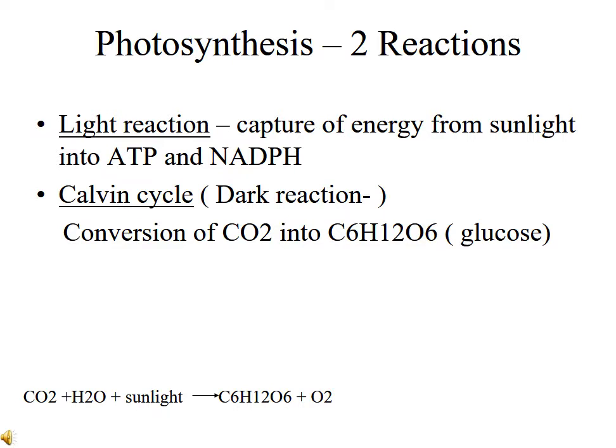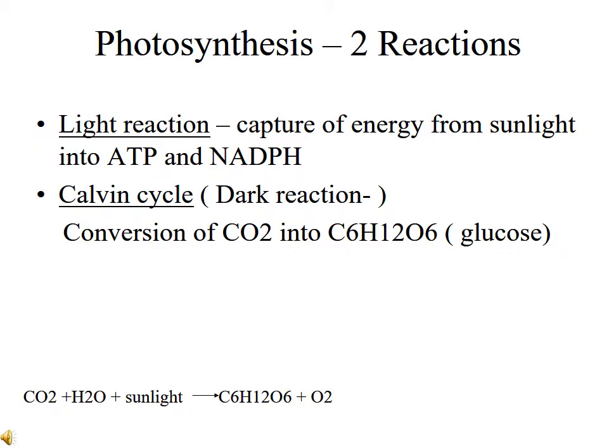We basically have a bucket full of electrons that eventually will be converted to ATP. But let's just leave this alone for a second. So again, in the light reaction, we're taking the energy from the sunlight and capturing it into ATP and having ourselves a bucket full of electrons in NADPH.